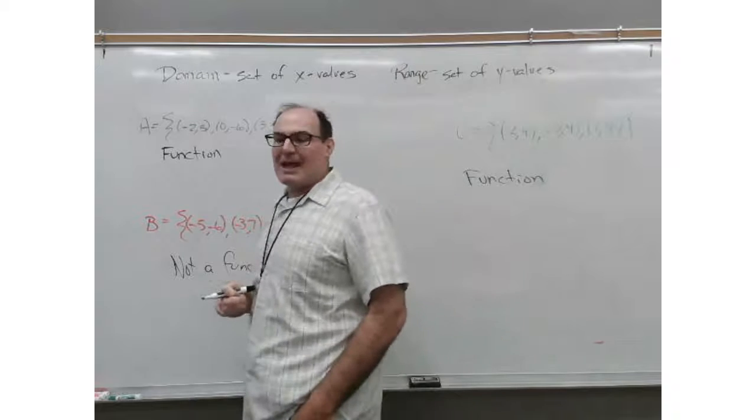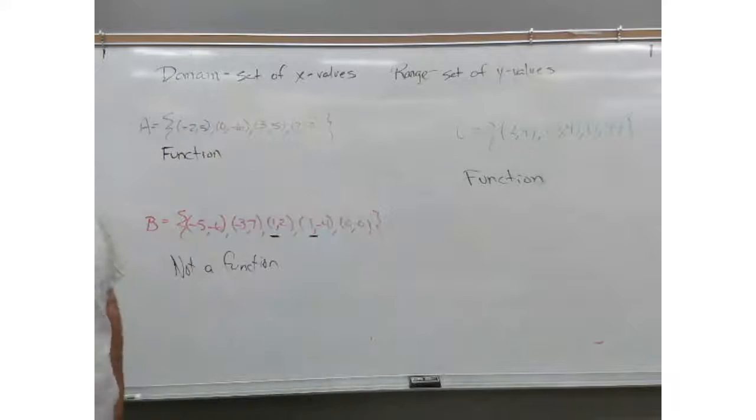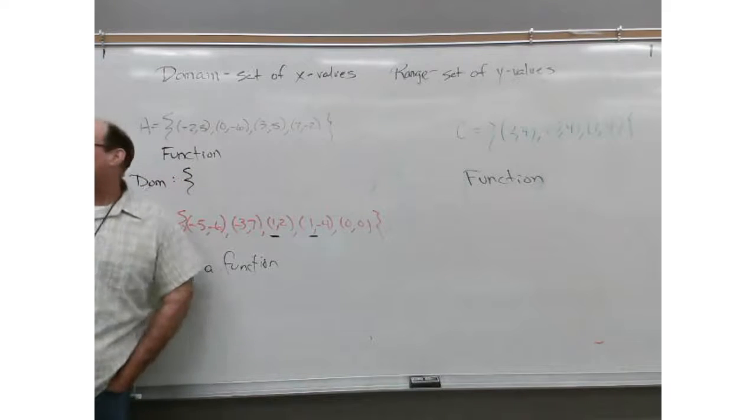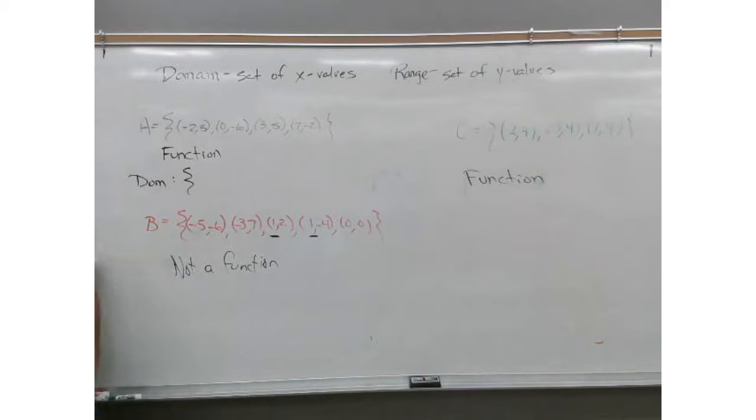So I'm going to look at relation A. Relation A goes like this. You can see it on your paper. So the domain, I'm going to abbreviate DOM. The domain is the set of x values. What are the x values of this relation?